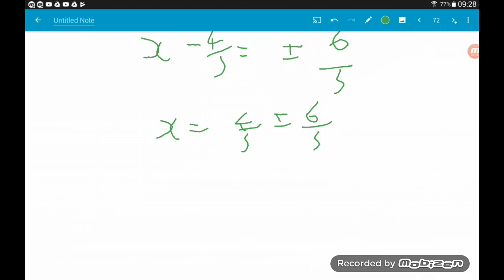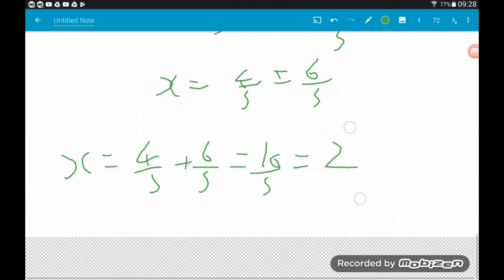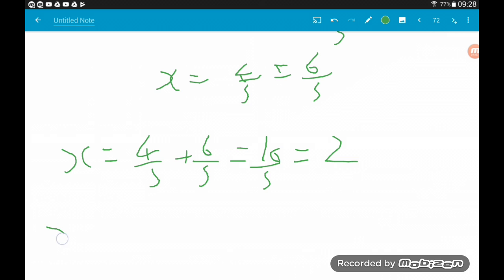So we'll get x is 4 fifths plus 6 fifths, which is 10 fifths, which is 2, or we get x equals 4 fifths minus 6 fifths, which is going to give us minus 2 fifths.